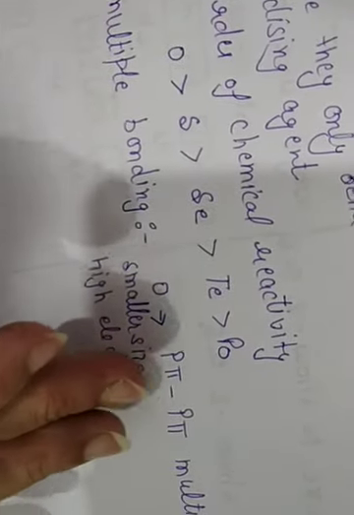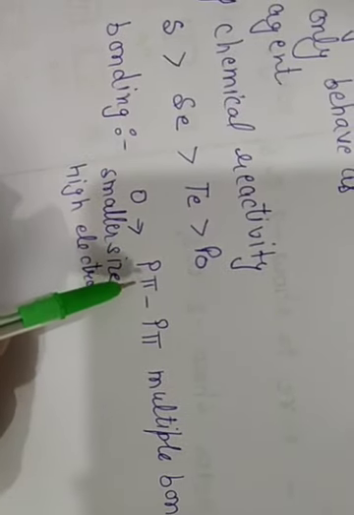As we move from top to bottom in the group, size increases and electronegativity decreases, hence the tendency to form p-pi multiple bonds decreases.